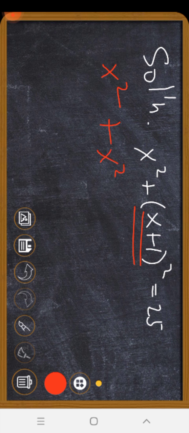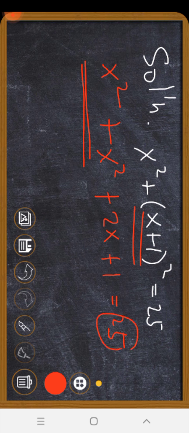That's the square of the first term, the product of the first and the second times 2, that's 2x, and the square of the second term, which will be your last term, is equal to 25, that as is, right? So here we have to combine like terms. x squared and x squared are like terms. Also, we have to transpose 25 to the other side.